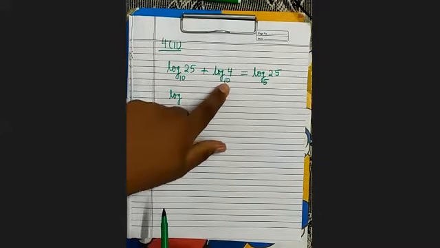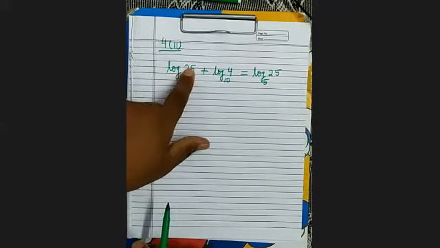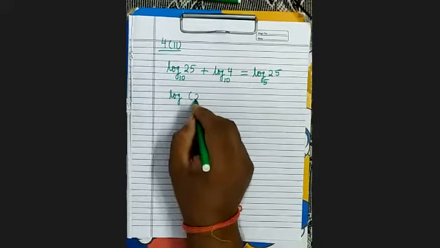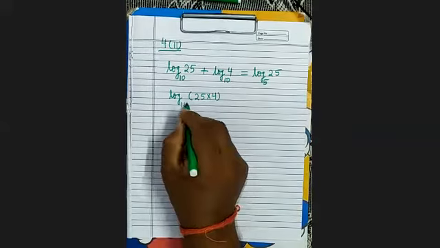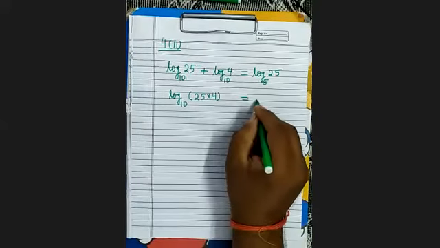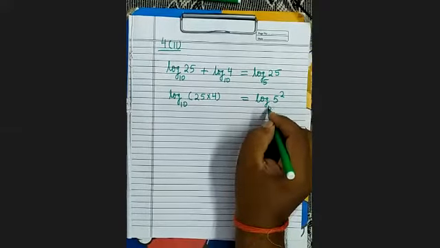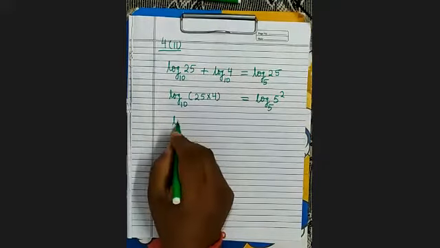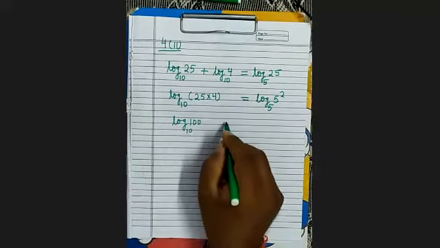Since bases are same and it is the sum of logarithm, therefore these two numbers will multiply. But the base should be the same, to the base 10. This you can write log 5 squared to the base 5. So see here, it is log 100 to the base 10.